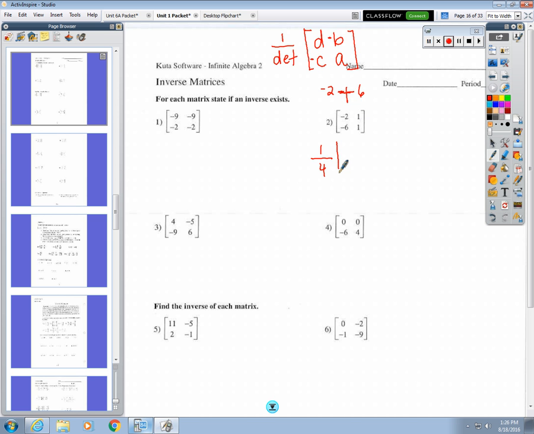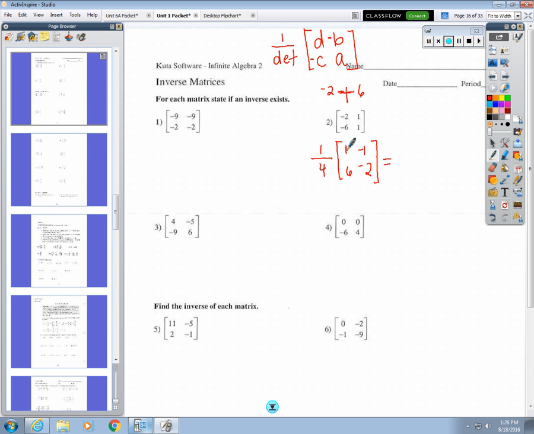Now I'm going to multiply that by the crazy matrix, which is where I flip-flop A and D, so negative 2 and 1 switch places. B and C remain the same location, but that 1 becomes negative, that 6 becomes positive. Now you just multiply the scalar of 1/4 times this matrix.